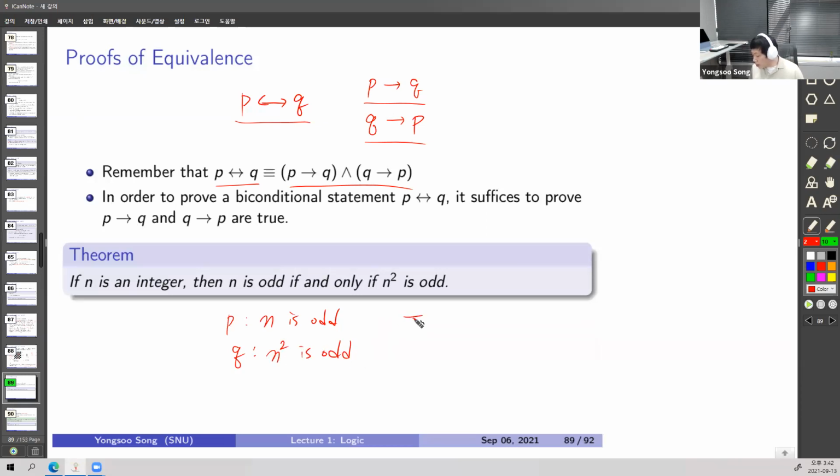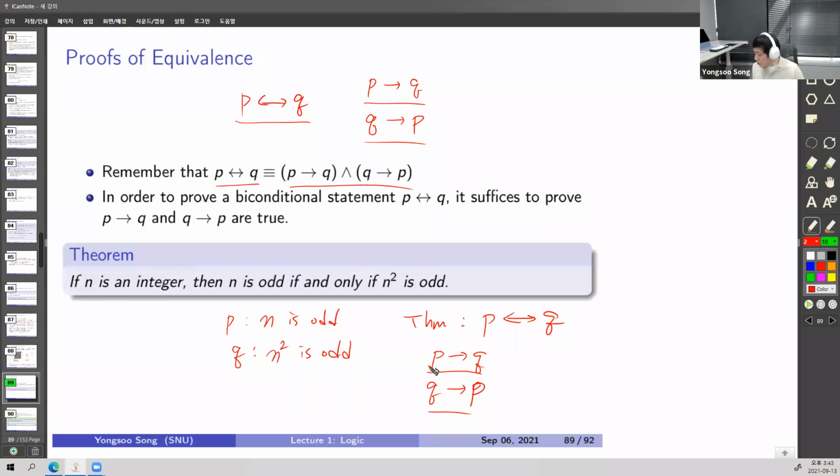And this theorem can be represented like this. So basically you need to show two propositions, if P then Q, and if Q then P. So you need to show that if n is odd, then n squared is also odd. And also if n squared is odd, then n is odd.